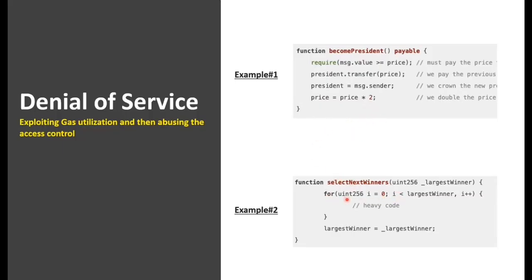We can see here that there's also an issue with the access control. So denying the proper parties access and then essentially pocketing the gas fees is another way that smart contracts are attacked.